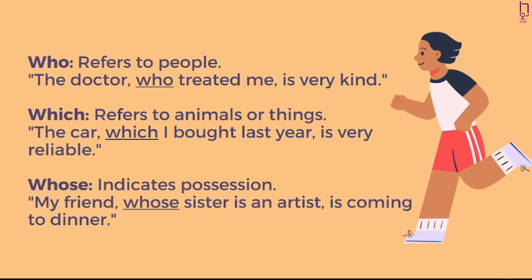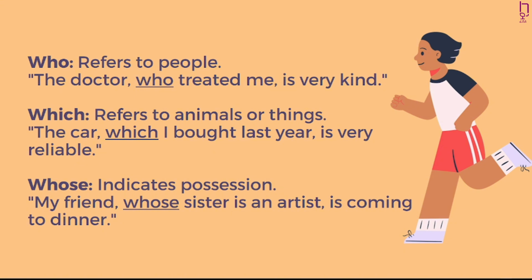This is a non-defining clause. Who treated me? Because we can say that the doctor is very kind, but which doctor? So, the doctor who treated me. And which usually refers to animals or things. So we can say the car which I bought last year is very reliable.